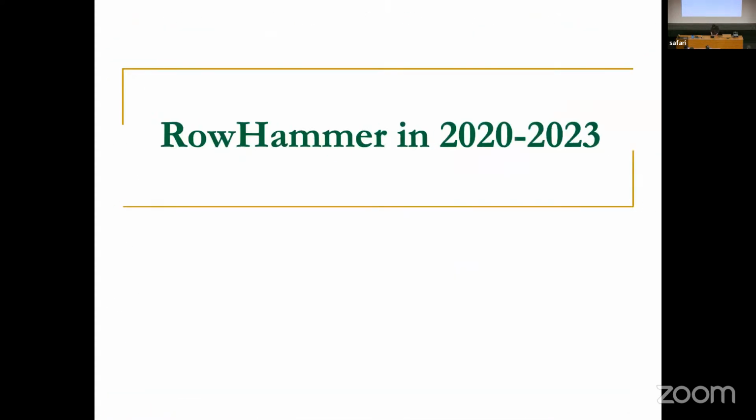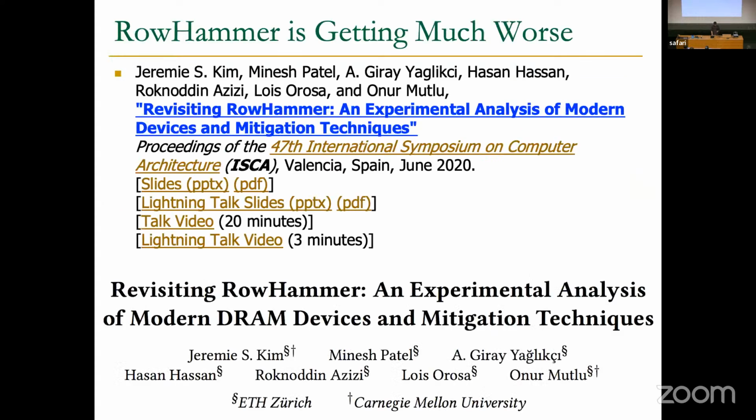So as we discussed, the first disclosure and demonstration of RowHammer was in 2014. It's already 10 years ago. So what has happened in between these 10 years? Around 2020, we published a paper called Revisiting RowHammer, because during these 10 years, DRAM has changed a lot. We moved from DDR3 to DDR4.